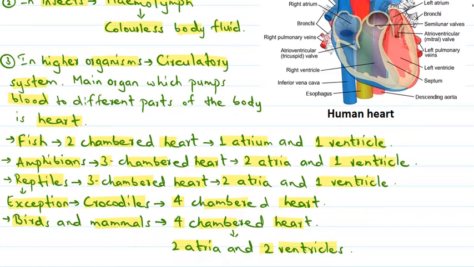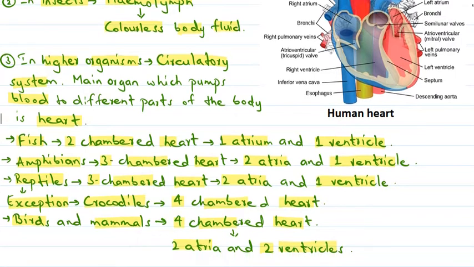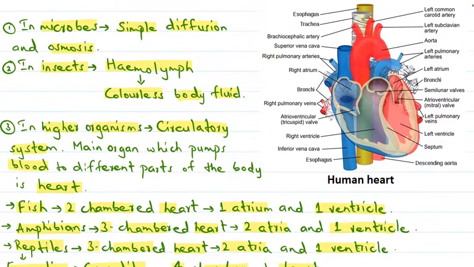So here we can see the diagram of human heart. As humans, we are mammals. We had already discussed that mammals have four-chambered heart consisting of two atria and two ventricles. Here we can see this one is left atrium, this one is right atrium.